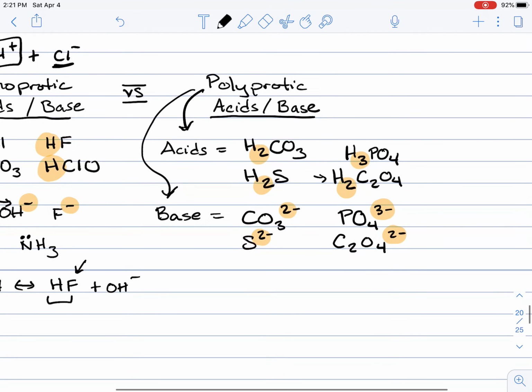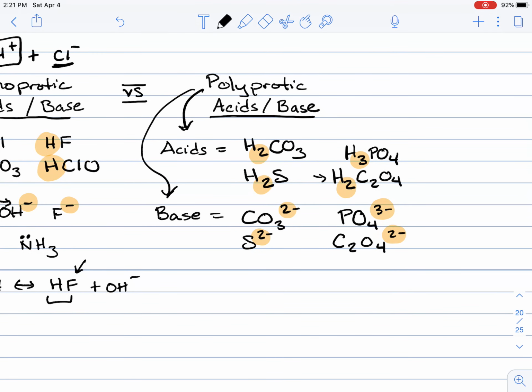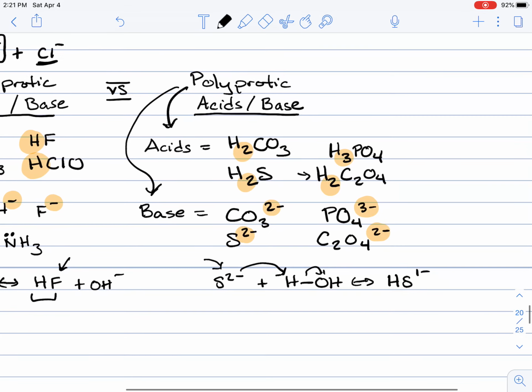Now, if you are looking at a polyprotic base, for example S2-, notice that it has a -2 charge. If it ionizes one hydrogen from a water molecule, the result is going to be HS-, with a -1 charge.